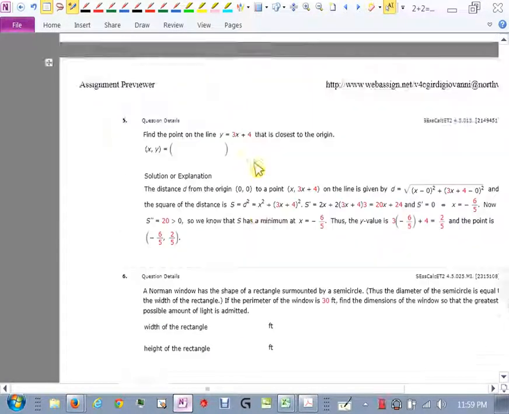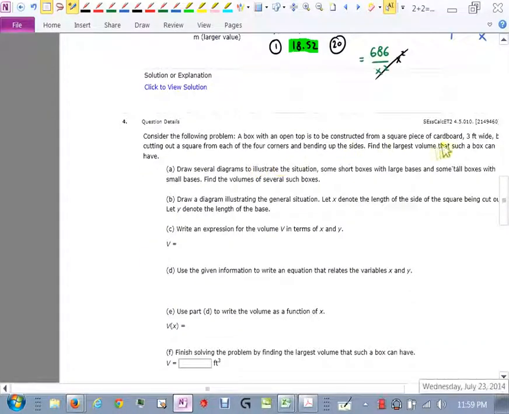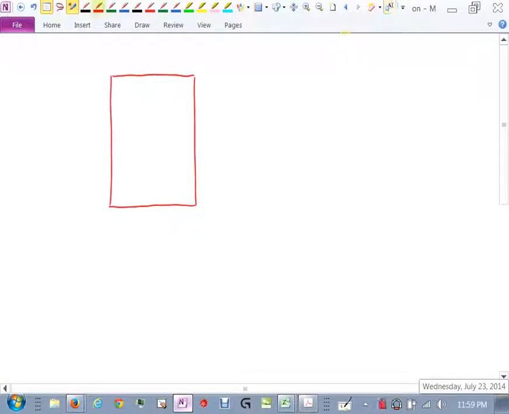All right, so let me draw this on a different page. We have a square piece of cardboard. It's 3 feet wide, so it's square, so 3 feet by 3 feet.